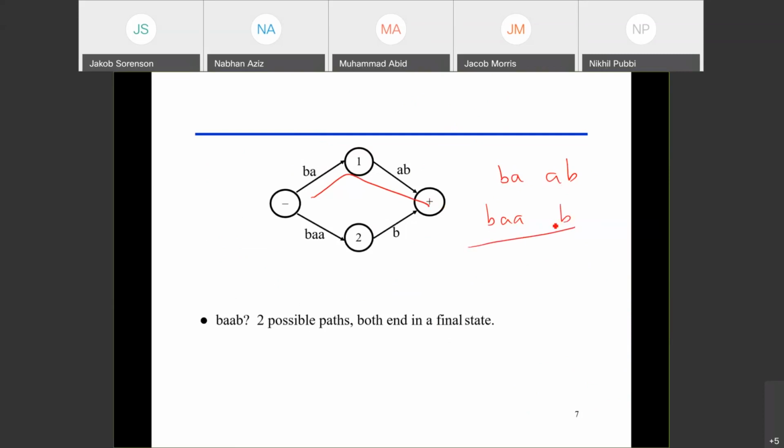So if I ask you, can you please write the regular expression of this machine? The regular expression is BAAB. This machine is accepting BAAB. This is the regular expression of this machine.